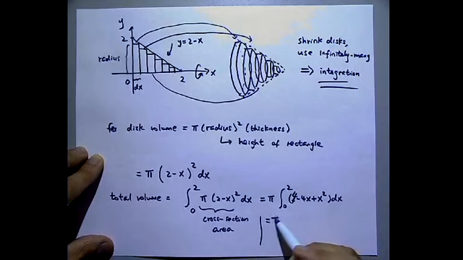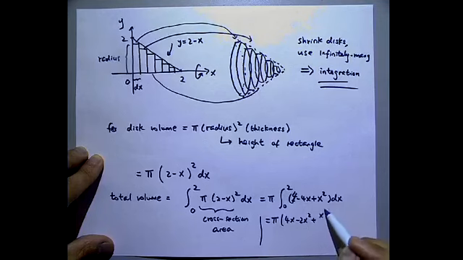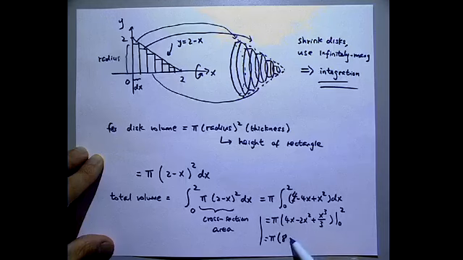Okay, and then pi times 4x minus 2x squared plus x cubed over 3, from 0 to 2. This is the straightforward part. 8 pi over 3 then.